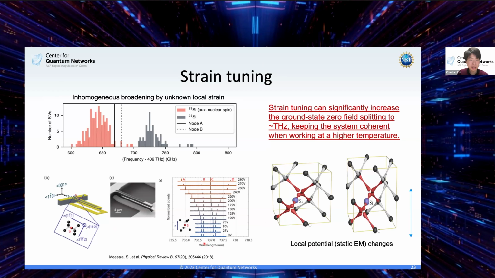The wavelength is mainly changing a few nanometers, so it's probably less than 0.1%. But the spin-orbit induced splitting is changing tens of times or even more.